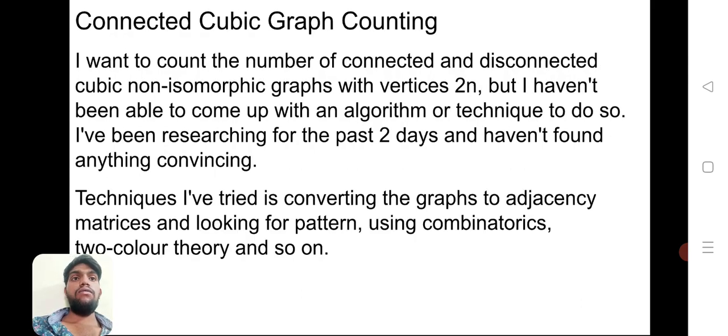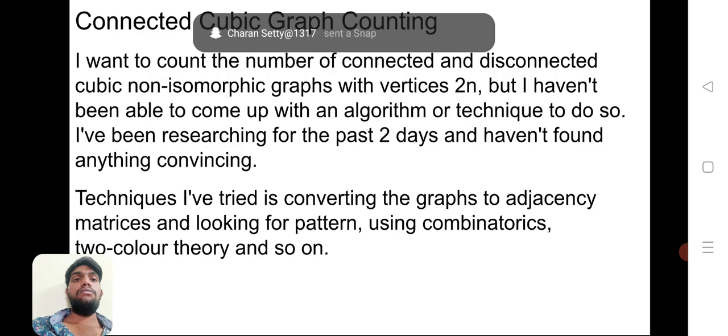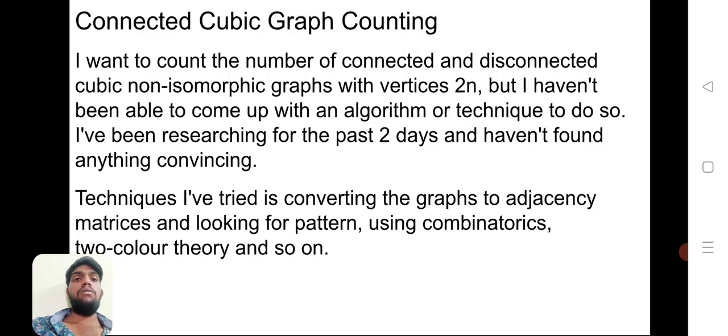Connected cubic graph counting. I want to count the number of connected and disconnected cubic non-isomorphic graphs with vertices 2 to n, but I haven't been able to come up with an algorithm or technique to do so. I have been researching for the past 2 days and haven't found anything convincing.